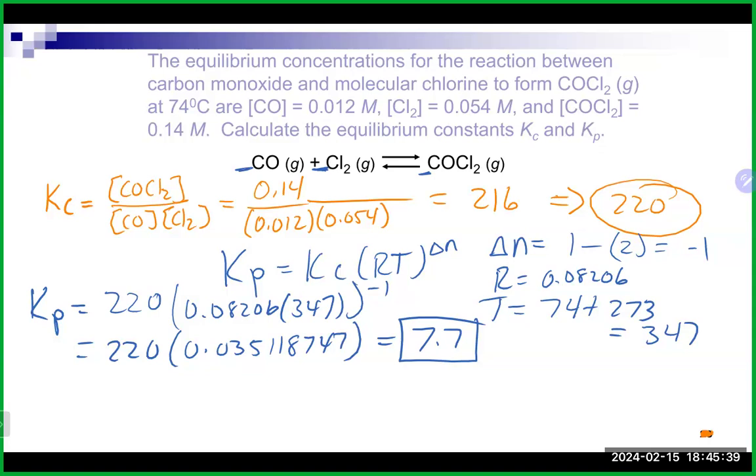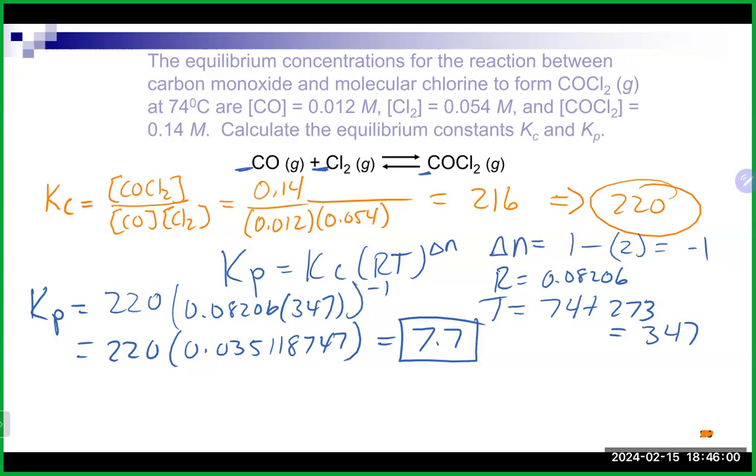Once again, as we talked about earlier, the Kc and Kp values are not numerically the same value. They can be, but not usually. But they both tell us the same thing, that we mainly would expect products when we reach equilibrium.